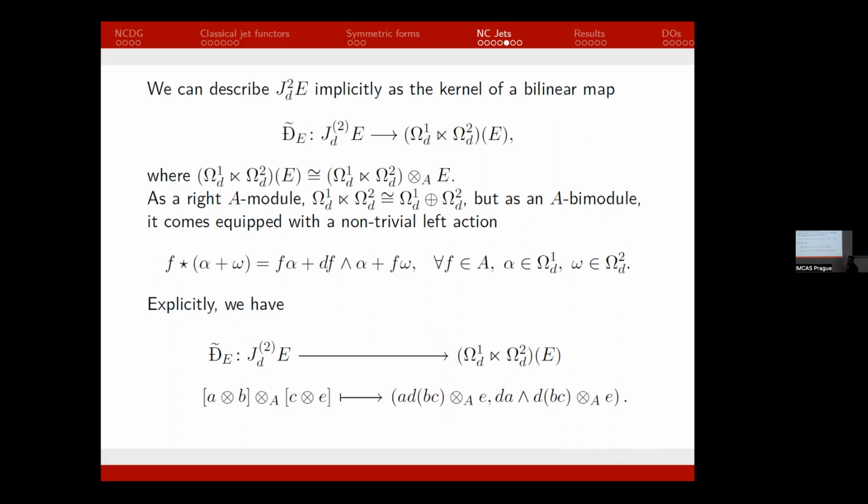What does holonomic mean? Holonomic just means that you have jets. I don't know how to explain it better, but let's say when you take one jet over a module, you're taking a first order approximation. When you take two jets, what you want is a second order approximation. But what you get if you apply the one jet twice is a first order approximation of a first order approximation. And that's not the same thing.